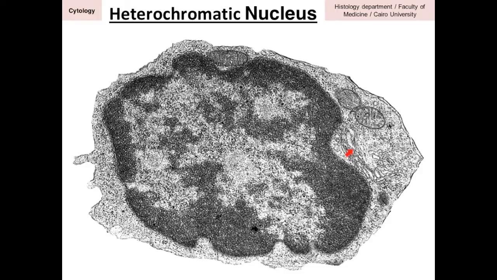Of course, these are the mitochondria, as you see in this picture, this one and this one, and they are very minimal in this cell. Give an example for a heterochromatic nucleus. It is the nucleus of the small lymphocyte.